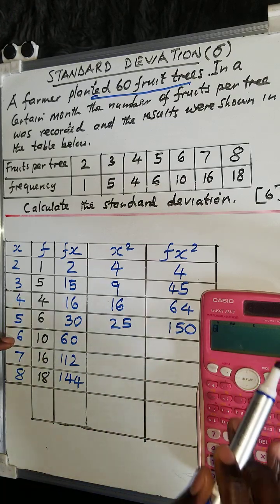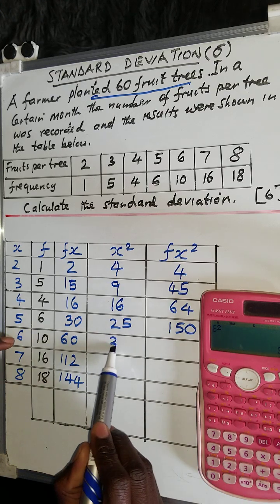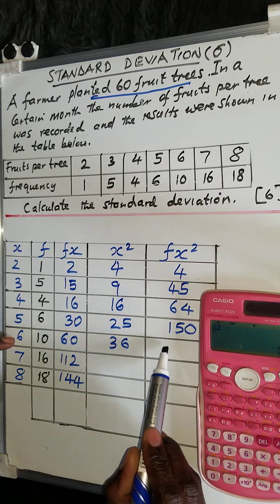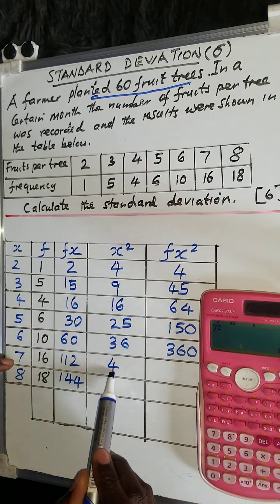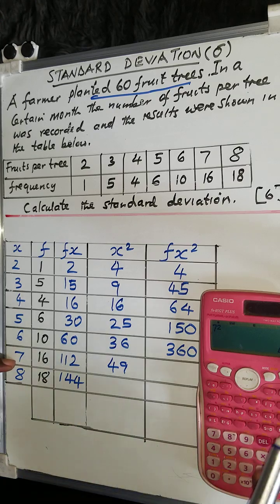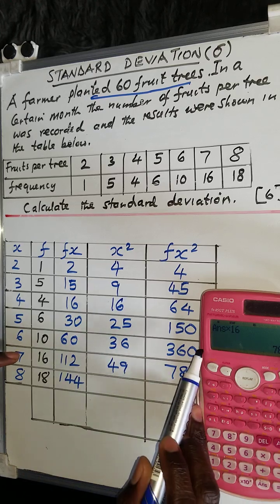I'll go to that one. It is simply 6 raised to the power 2, the value of x squared, that is 36. So 36 multiplied by 10 will give me a 360. The next one is 7 raised to the power 2, that gives me a 49, but 49 multiplied by 16 will give me a 784.